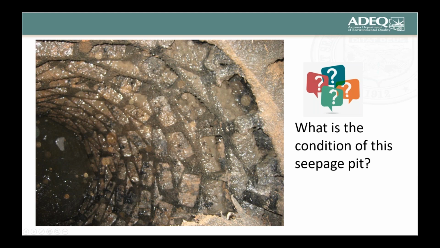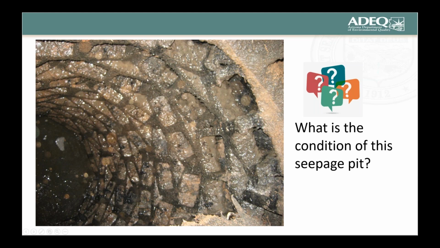Okay, this is another seepage pit. So what is the condition of this seepage pit? The good thing is it doesn't look like the side walls are caving in, but it does look like with the material that was used here, your percolation is going through the side walls.